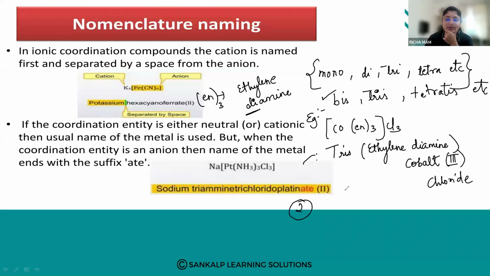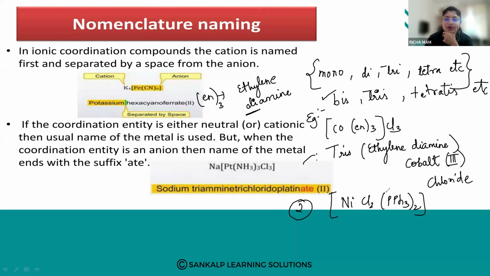Suppose one more example, NiCl2(PPh3)2. Again, we have two ligands here. One is chloro, another is triphenylphosphine. PPh3 is triphenylphosphine. So let us write.